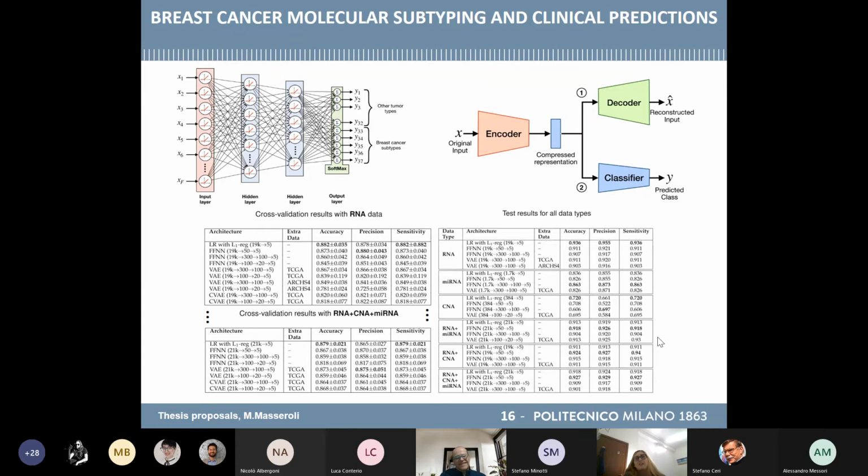But at the current rate of increasing data availability, maybe in the near future it will be possible to find some improvements with these deeper models.